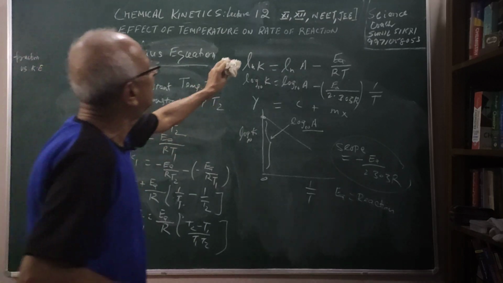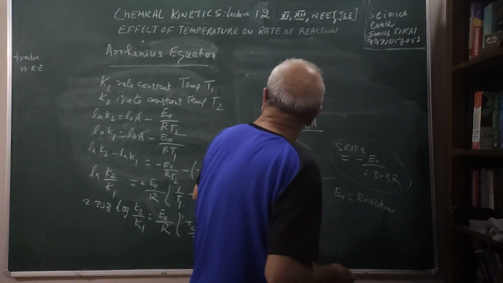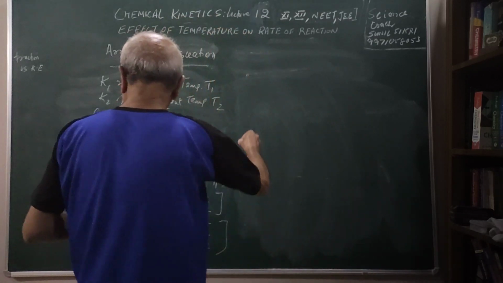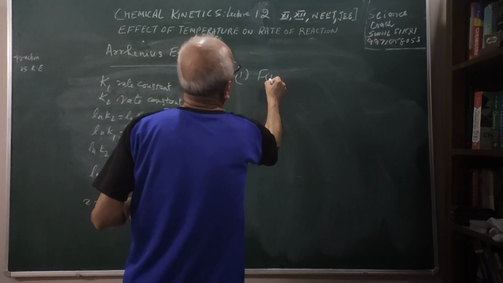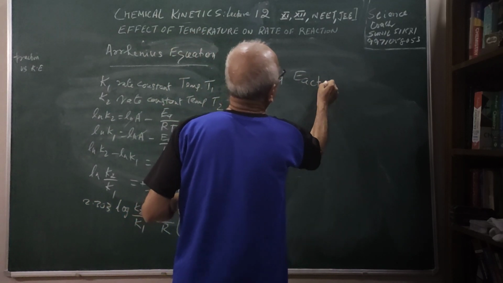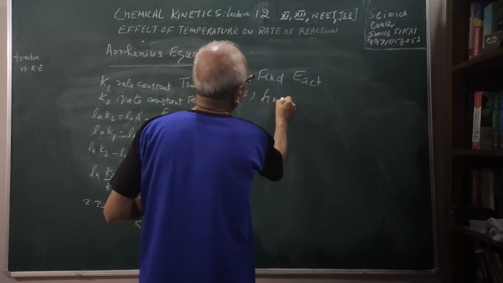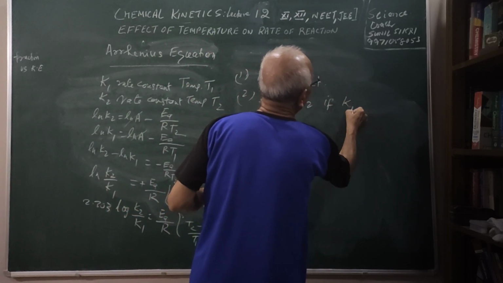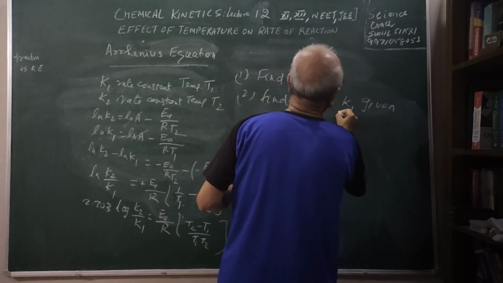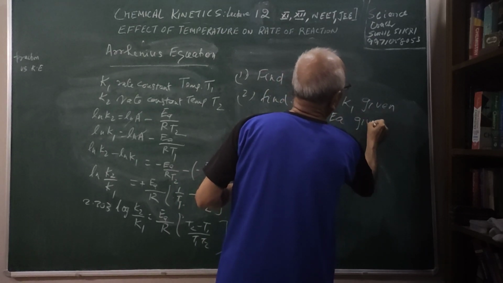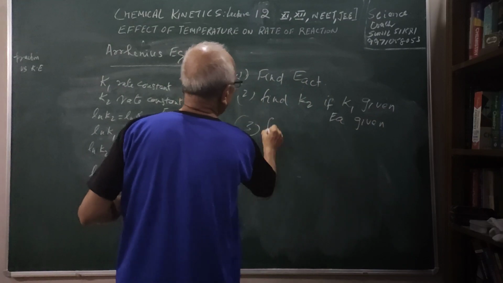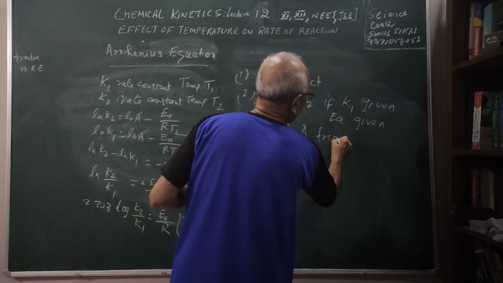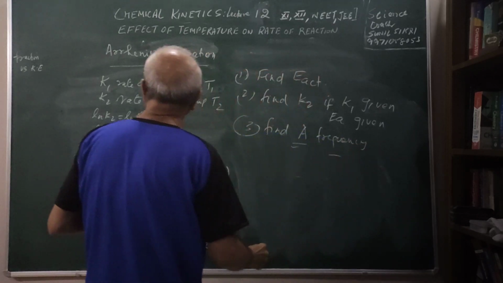So here we have got a formula which can be used for finding several things. One, we can find activation energy by this formula, and second, we can find K2 if K1 and activation energy are given, and third, we can find the value of A, the frequency factor, which is the number of collisions per second.